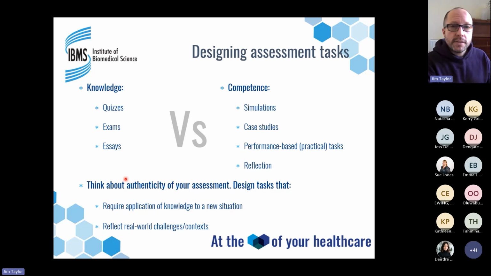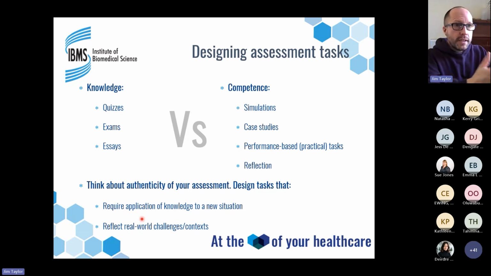So the best authentic assessments are based in the workplace, in the context of where that skill or knowledge will be used routinely through that person's working life. And the very best authentic assessments will require application of knowledge to a new situation.